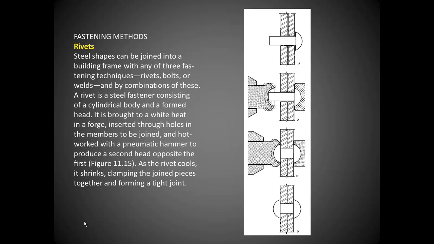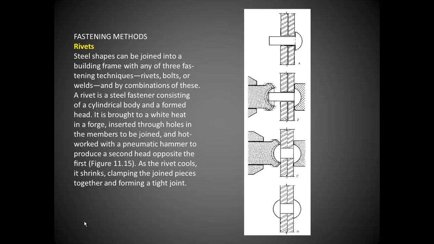When we look at steel, we're talking about beams, girders, which are horizontal members, and columns, which are your vertical members that they fasten into, and we need to determine how those are going to be connected. The older method of fastening steel together would be using rivets, where a rivet is a steel fastener consisting of a cylindrical body and a formed head.